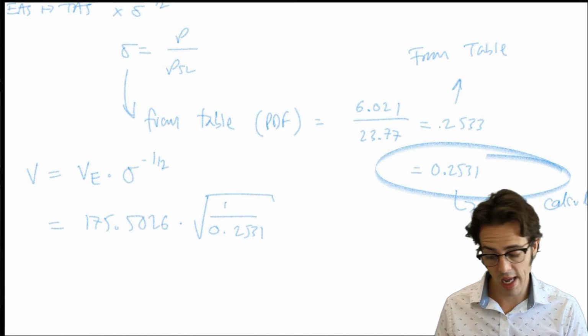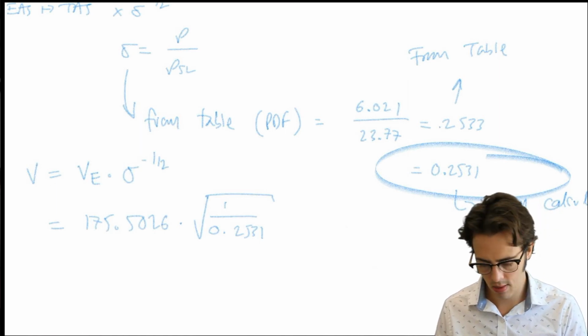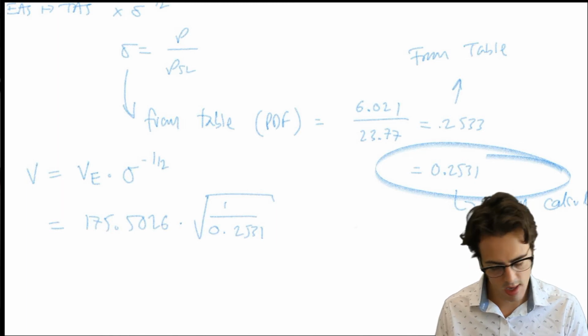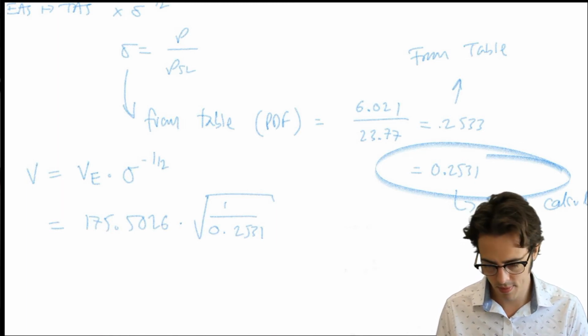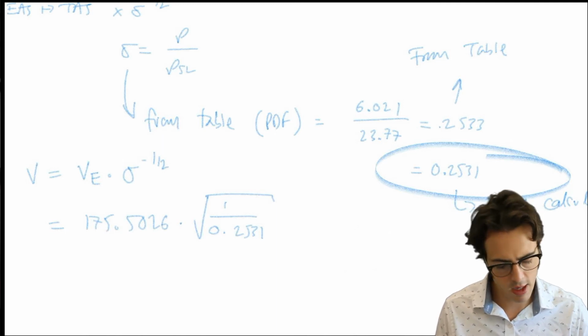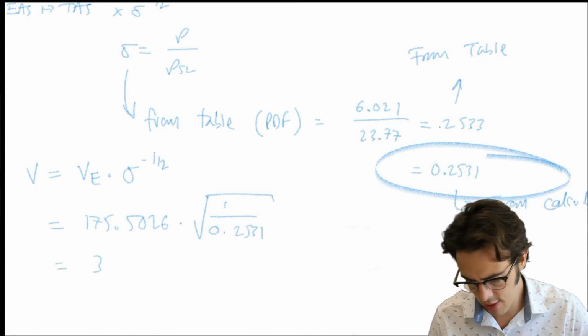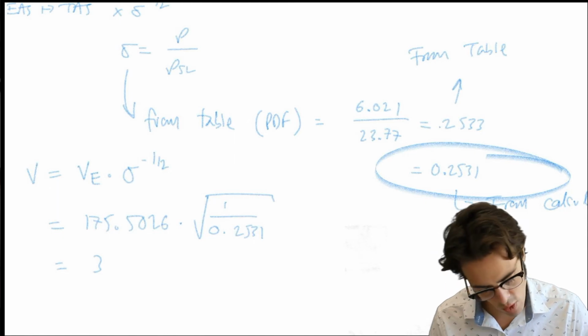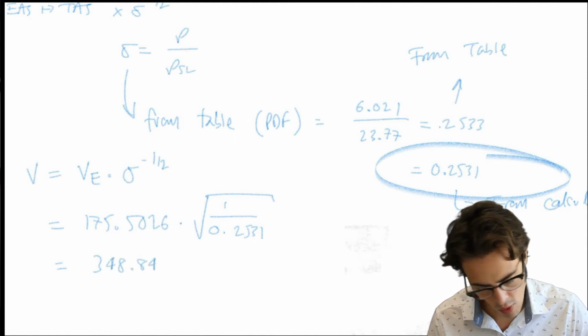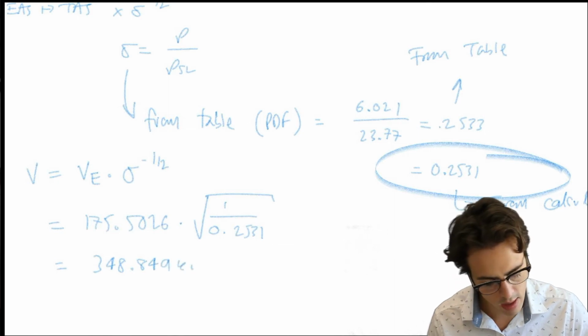So this should be getting bigger, which is what we want to see, and we can see that it's going to get bigger by the size of the thing that we're multiplying it by. So this gives me a value of 348.849 knots.